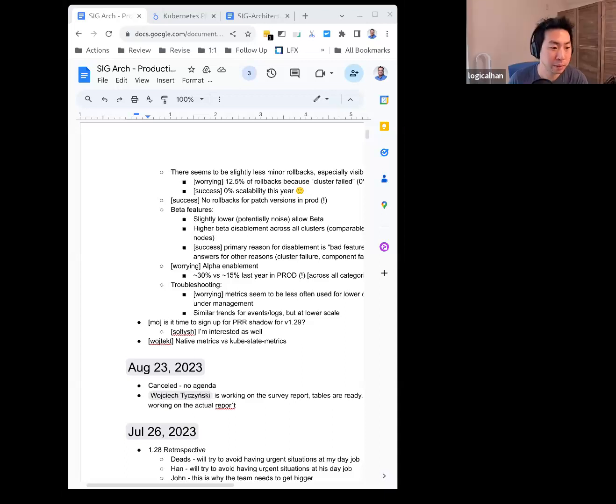I mean, our best proxy is API server storage objects, which gives you counts for group version resource. That's not that bad for seeing if certain things are in use.